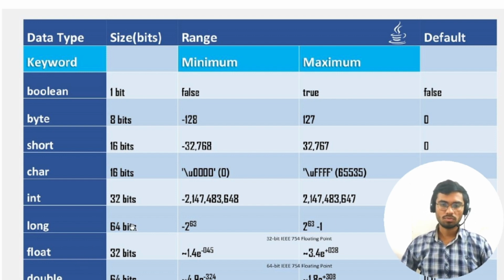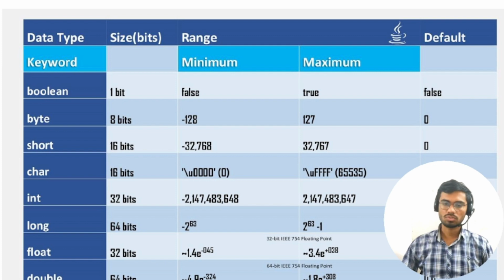Long is 64 bits, -2 to the power 63 up to 2 to the power 63 minus 1, default value is 0. And float and double are 32 bits and 64 bits, and default values are 0.0 and 0.0. So let's understand with the help of a practical example.